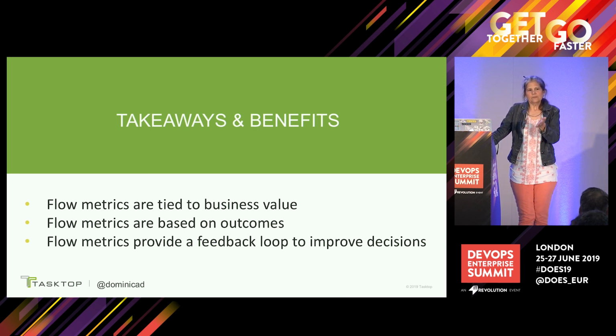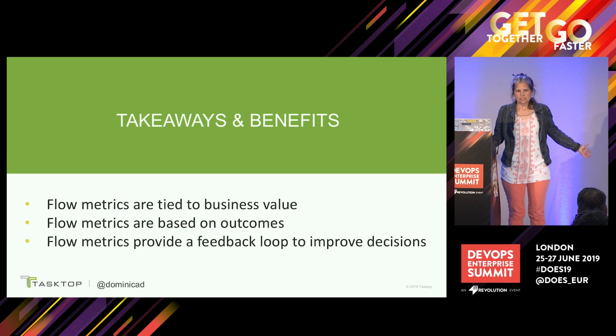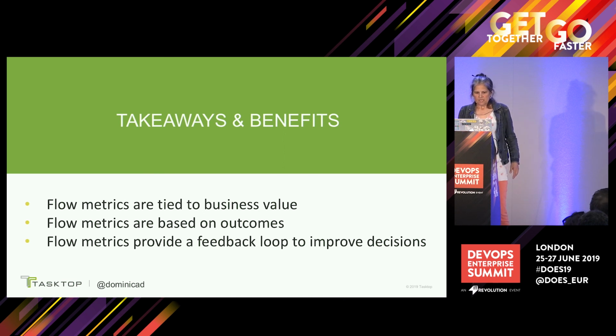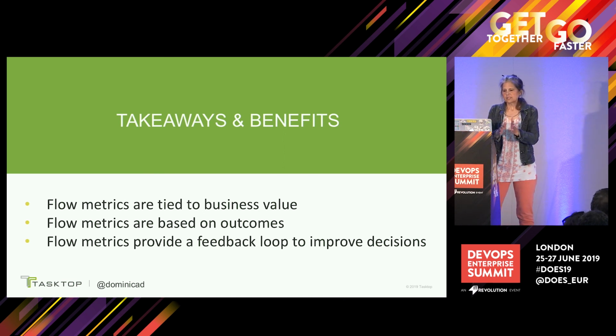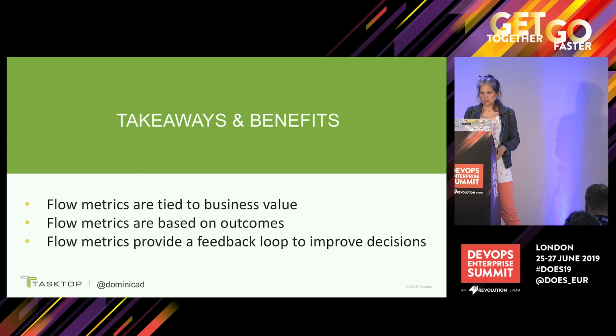It's interesting, the number of deployments that got done today, but what does a business do with that? How does it help them increase revenue or drive their business value? And with flow metrics, that's what we're really trying to do, provide this feedback loop so we can help improve business decisions.